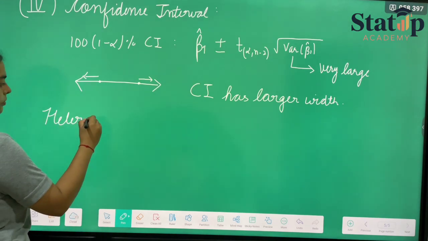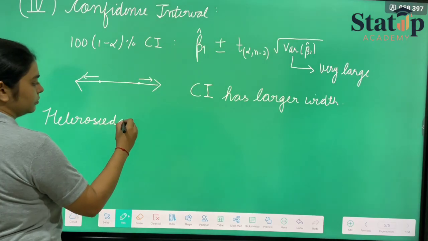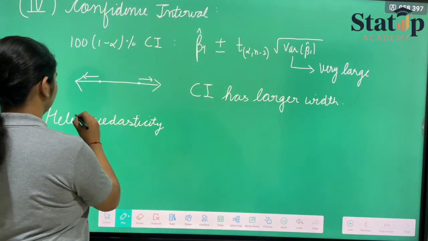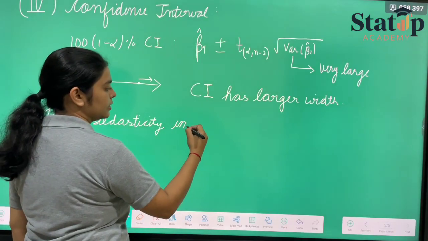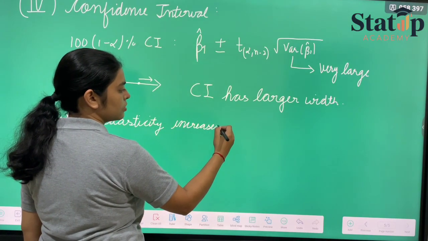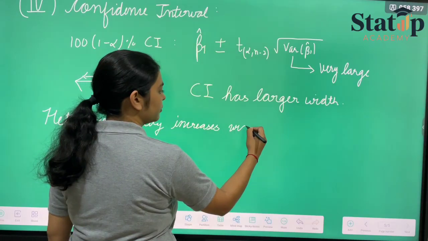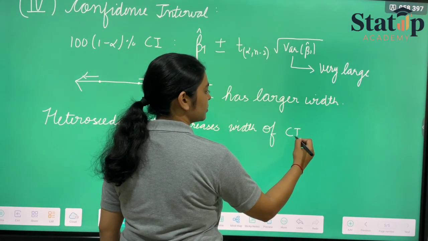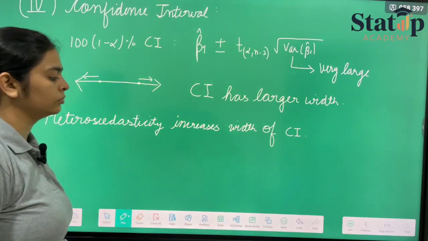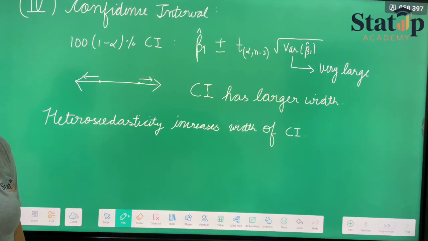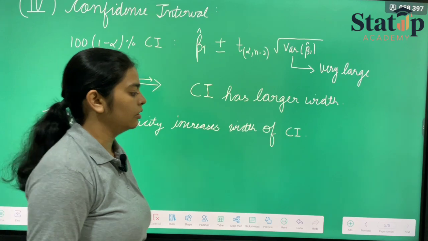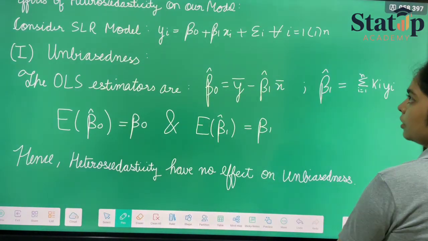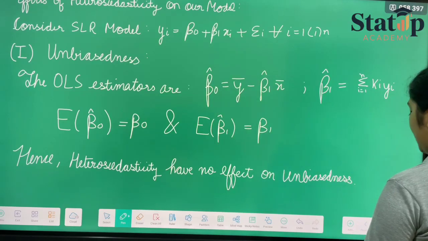Heteroscedasticity increases the width of CIs. These were the four effects that heteroscedasticity has on our model.